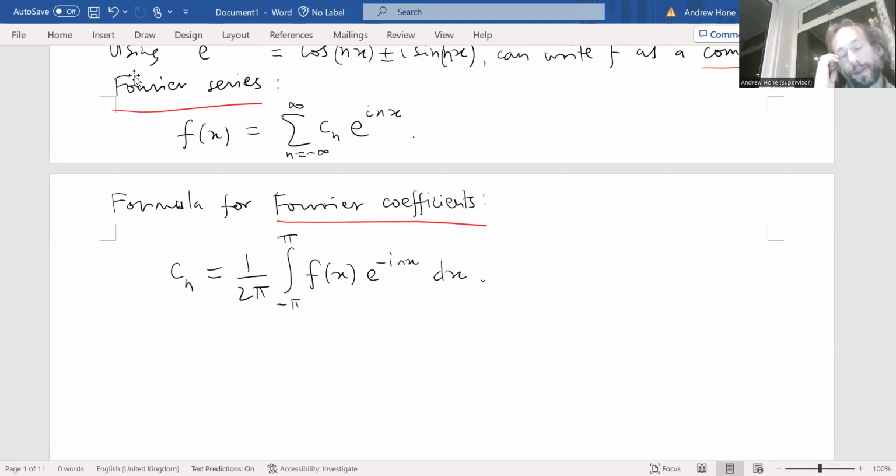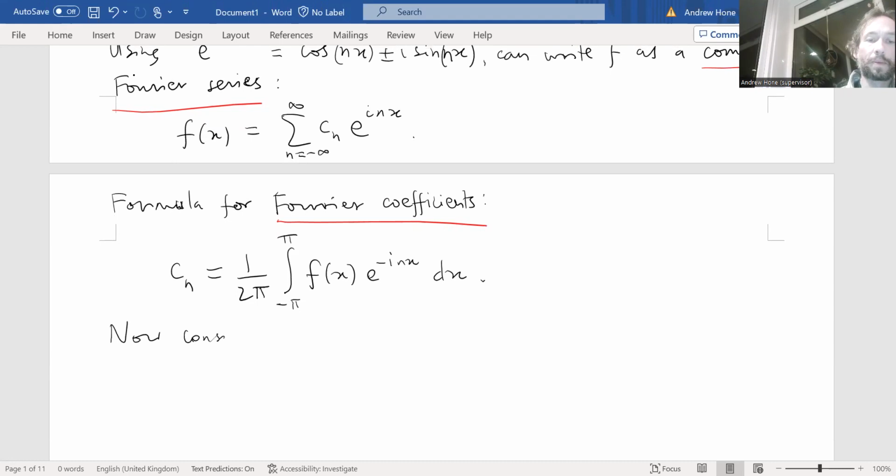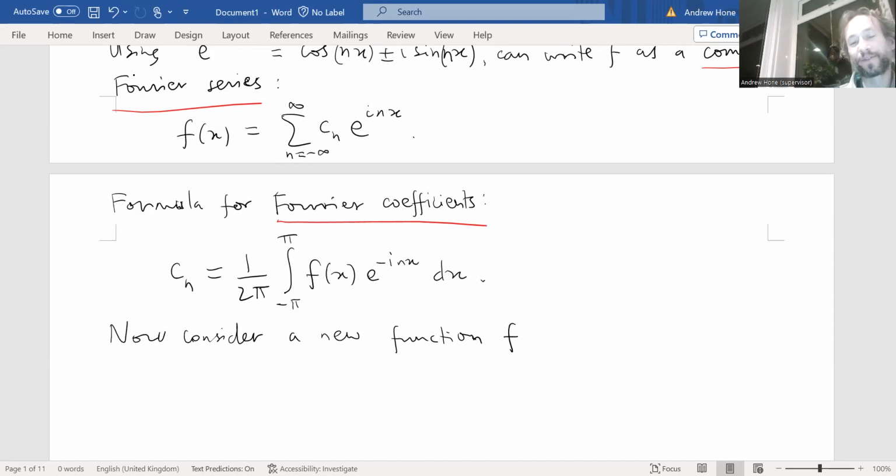So I want to consider a new function. I'm going to abuse notation, so I'm still going to call it f, but I'm going to have a different period.